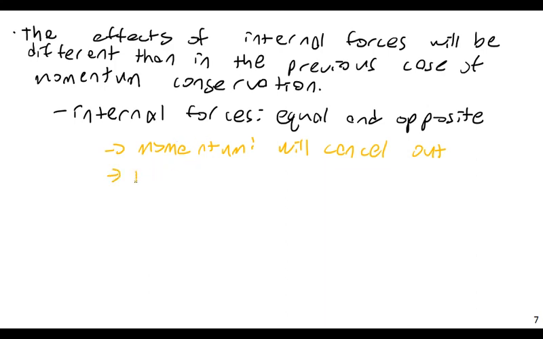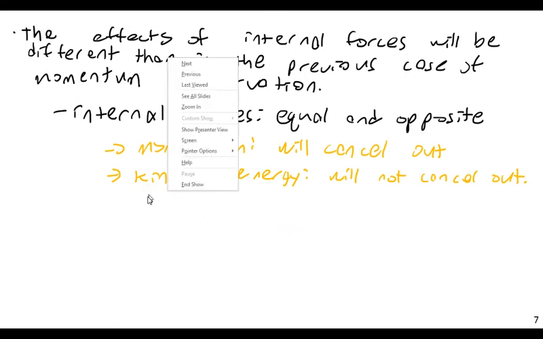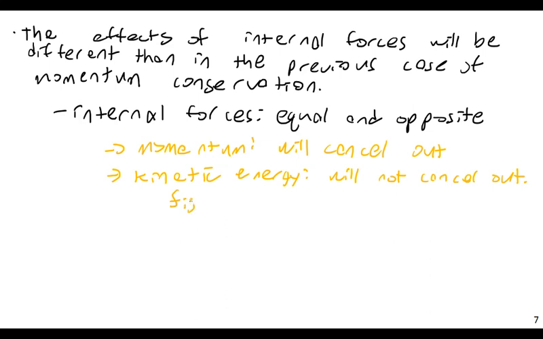But for kinetic energy, 1/2 mv squared, they generally will not cancel out. So even though the forces Fij and Fji are equal and opposite, the work produced by them will not cancel out because kinetic energy depends on the velocity squared.